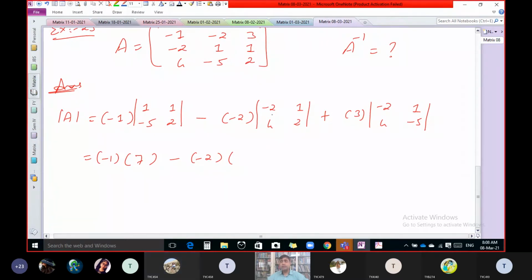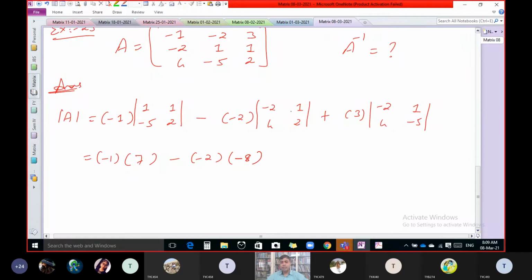-4. Then see, first of all multiply these two, so we get -4. Then multiply these two, so we get +4. So -4 minus 4, that means -8.